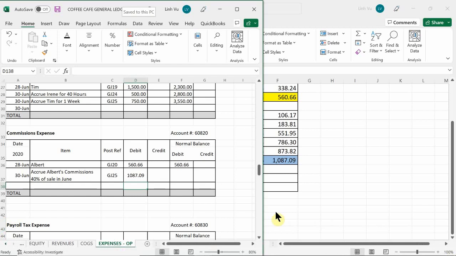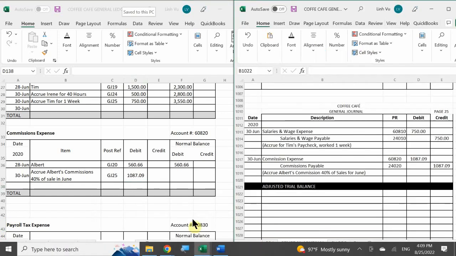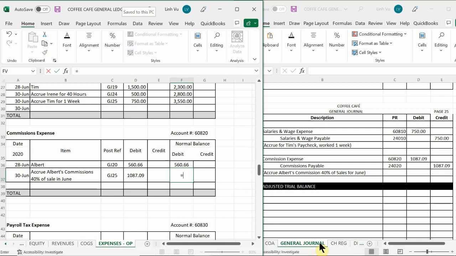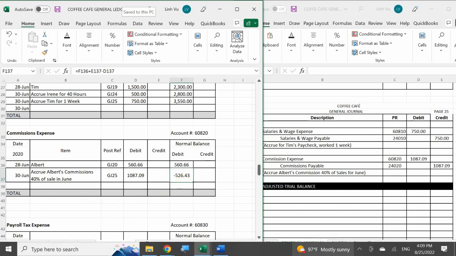So where's my journal at? Okay. So therefore, how much in grand total commissions payable are we going to pay for Albert in the month of June? $1,647.75.